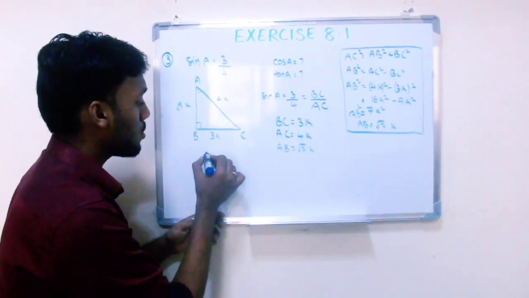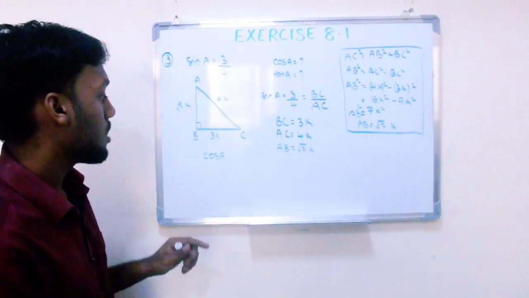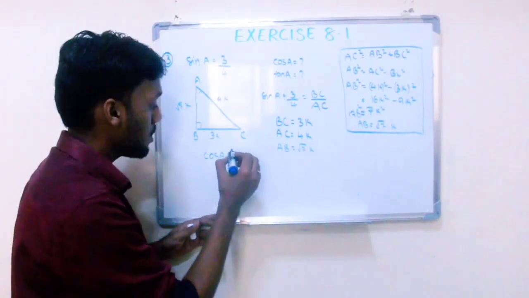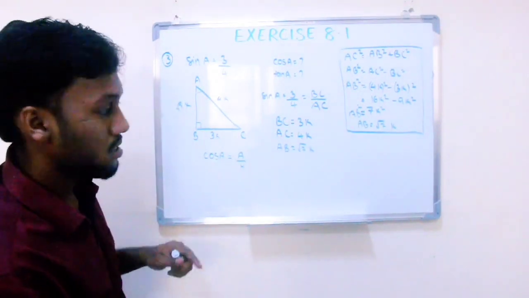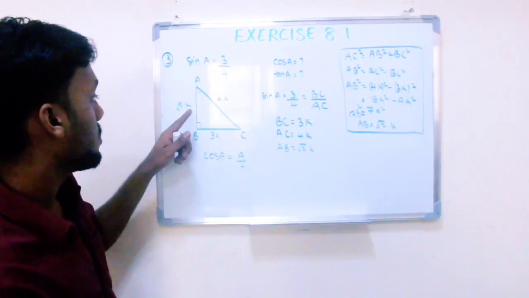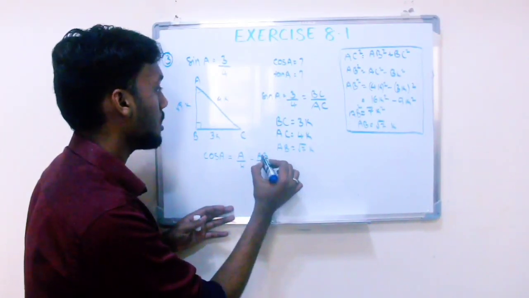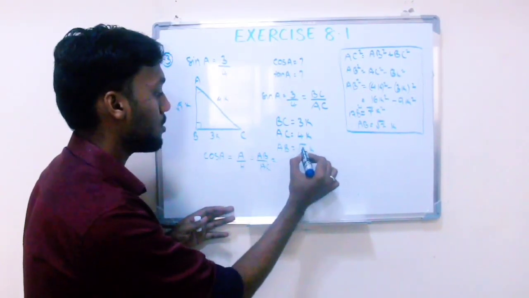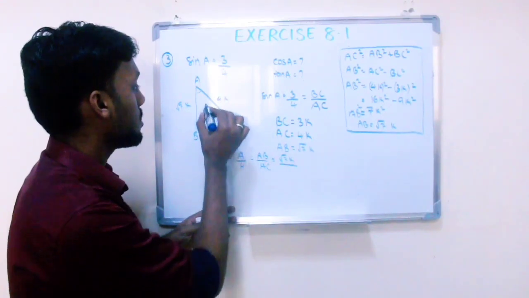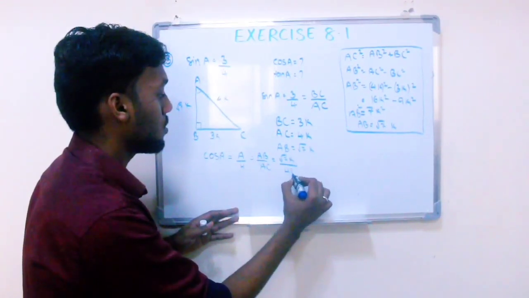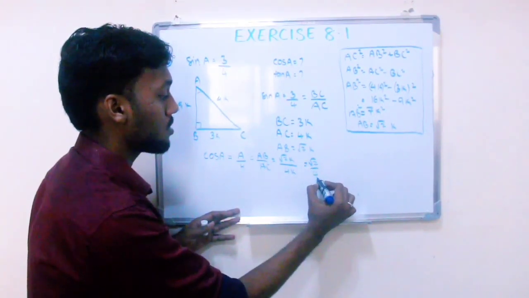Cos A. So first we'll write cos A with respect to angle A. Cos A is A by H, adjacent by hypotenuse. Adjacent is AB, so AB divided by hypotenuse AC. AB we have already calculated, root 7K, divided by AC, which is 4K. K and K will get cancelled. We'll get root 7 by 4.